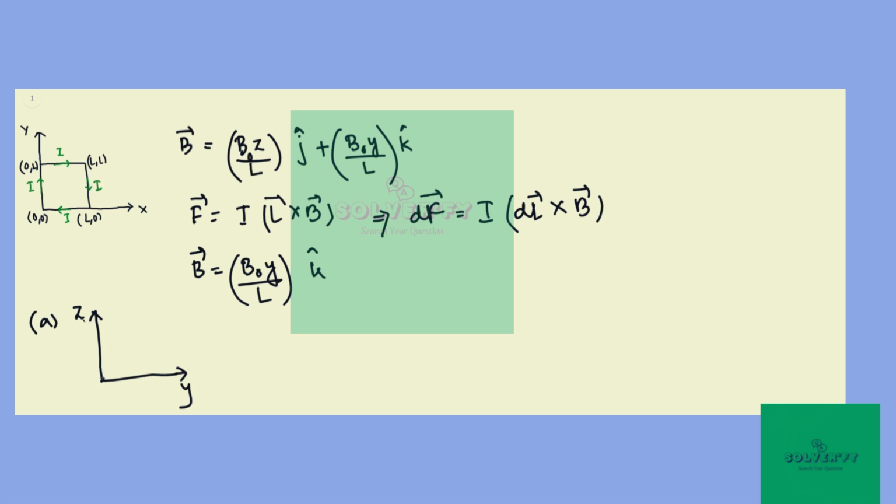That means this is going to be like this. And for y, for the origin. Now if the y changes, this is how it's going to look. So that is part A.